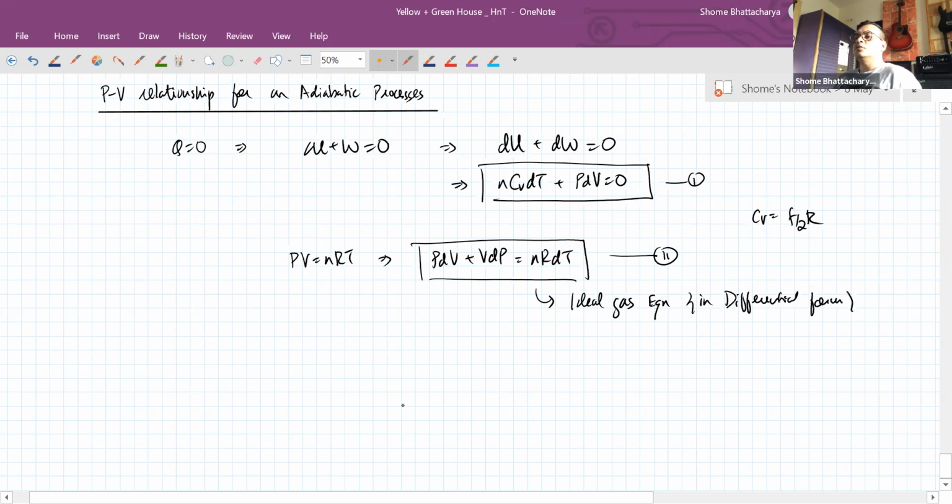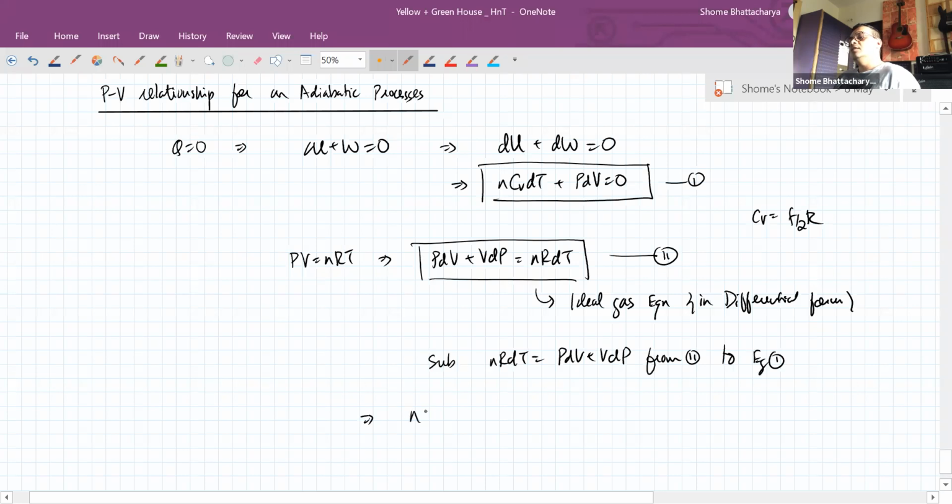So we've used the product rule over here to differentiate, because P, V, and T are all variables here. Nothing is constant. Of course, the number of moles is constant. So what we do is now substitute nR dT equal to P dV plus V dP from equation 2 into equation 1.